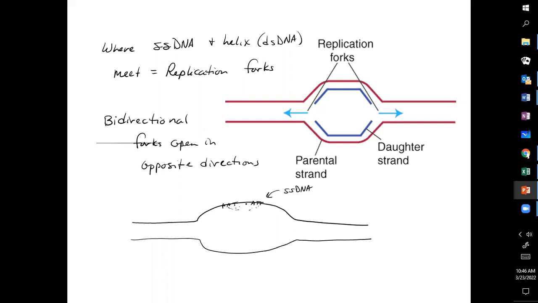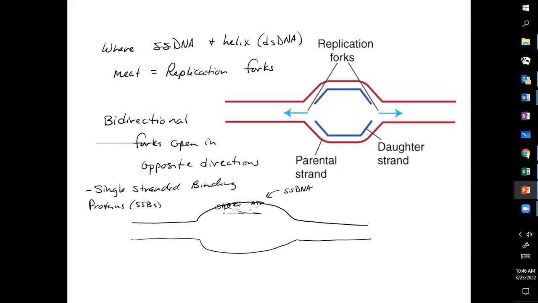And that's not good because we want to be able to read these so that we can synthesize a new strand, right? So there are additional proteins that come in called single-stranded binding proteins, or SSBs.